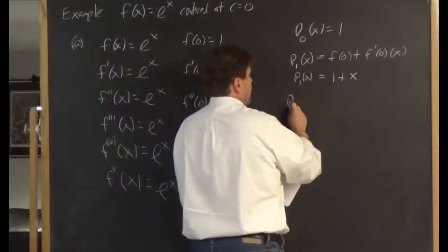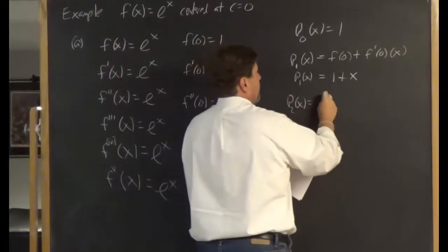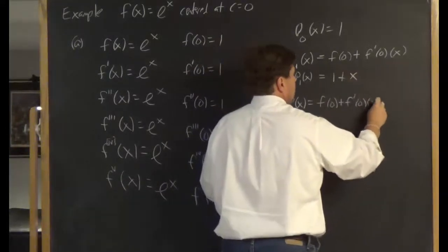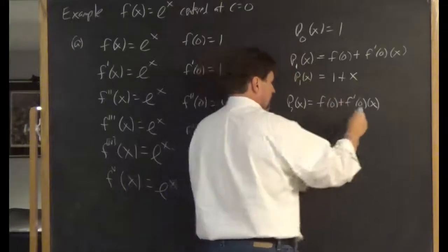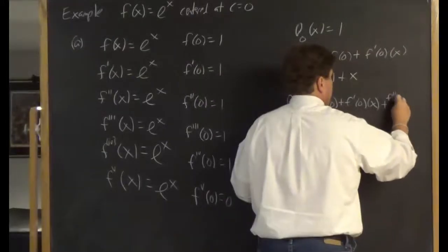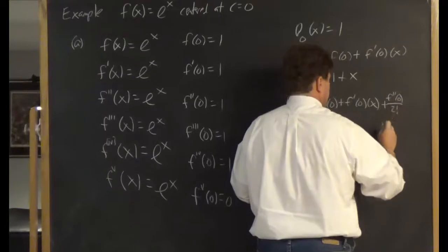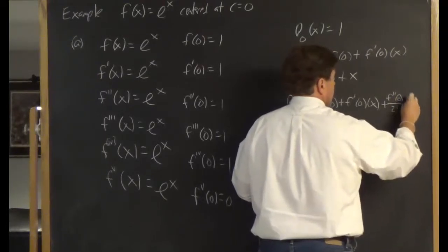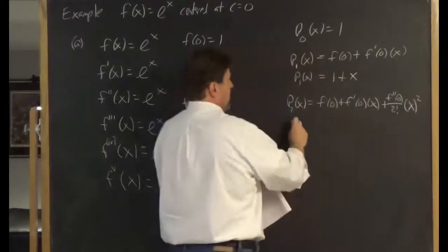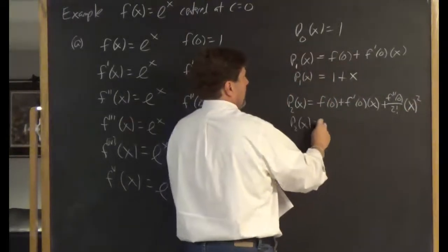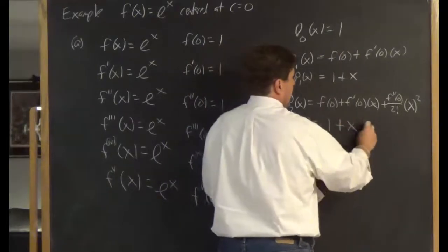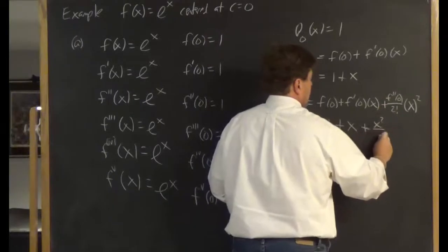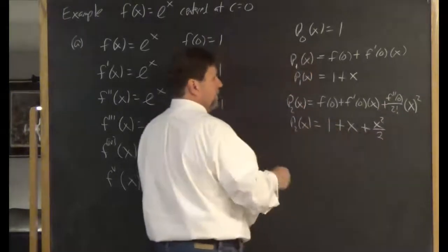The polynomial of order 2, well, that's f of 0 plus f prime of 0 times x minus 0 plus f double prime of 0 over 2 factorial times x minus 0 squared. So that gives us a 1 plus an x plus, this is 1, so x squared over 2 factorial. 2 factorial is just 2.